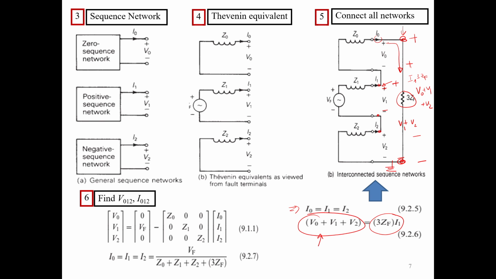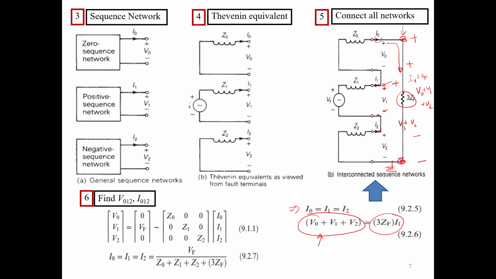The only sequence network which has the voltage source is the positive sequence. If you remember only this, it is fine. Now, you just remember how the topology, how these three networks are connected for different types of fault.